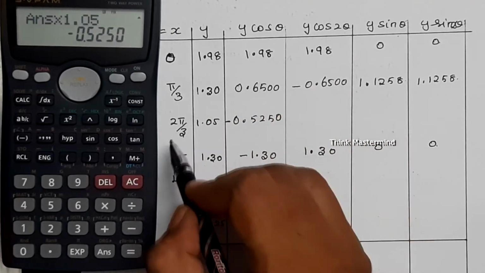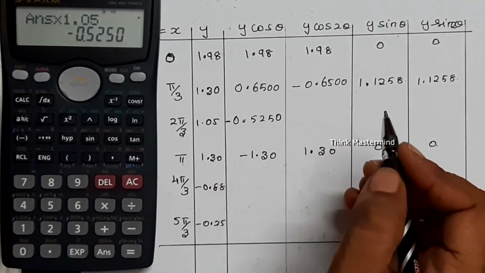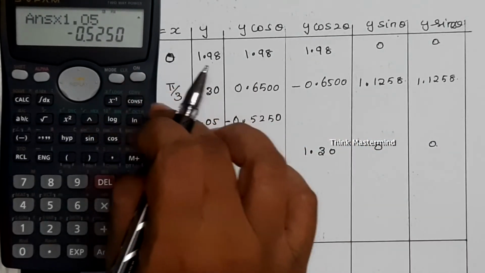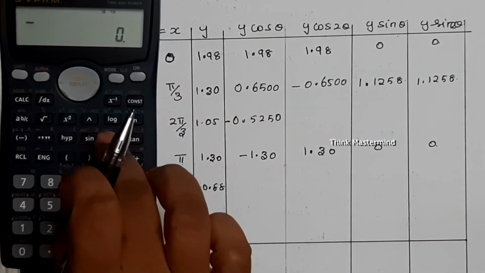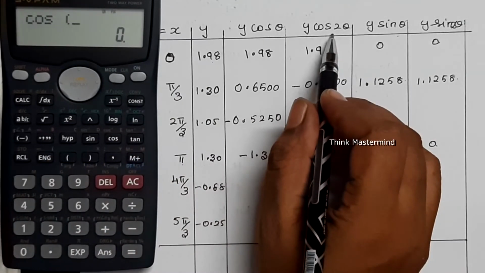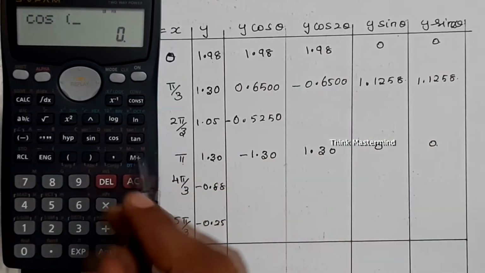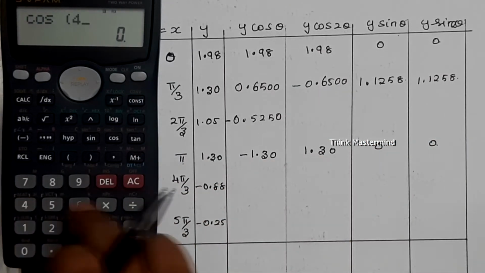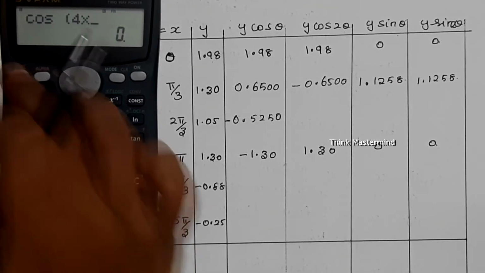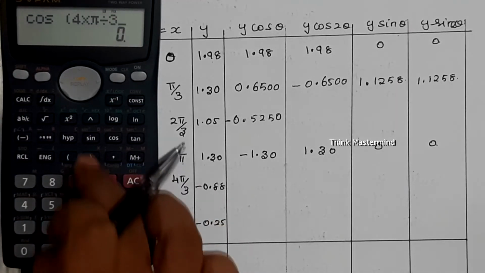So 2 theta, that is already your 2 pi by 3. Cos 2 theta, that is 4 pi by 3, which is in the third quadrant. Otherwise use the calculator. So we are going to find cos 2 theta. 2 times 2 pi by 3 is 4 pi by 3, that is 4 into shift pi divided by 3.